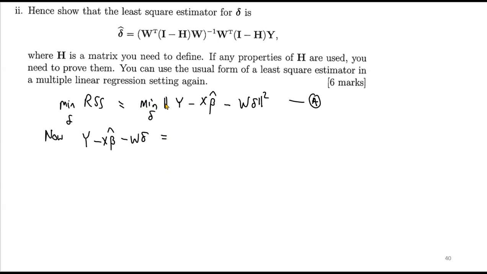Because I don't want to be writing min of this squared norm on every single line, I'm just taking this bit in here and writing it in a form such that it looks like our usual regression, regressing something on something else. That's the idea.